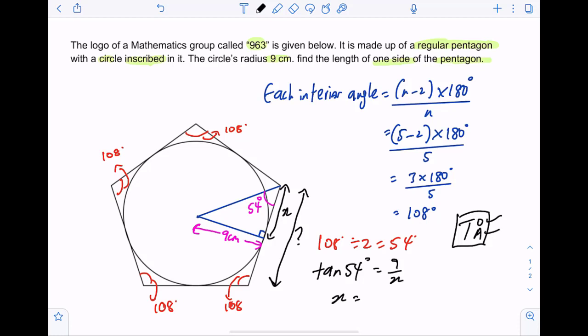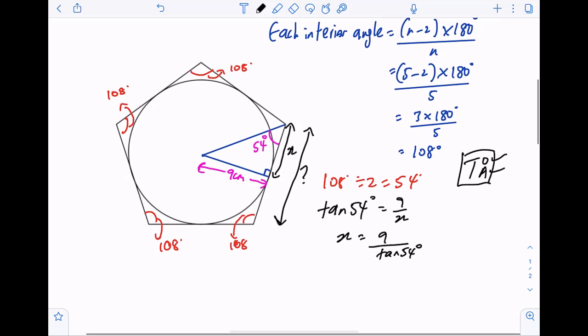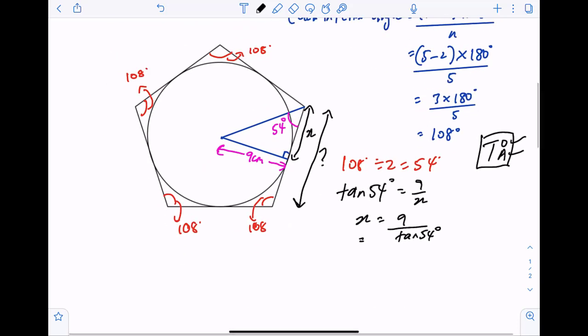So x is 9 divided by, put fraction, 9 over tan 54 degrees. Divide by tangent 54, that will give us an answer of 6.5388.